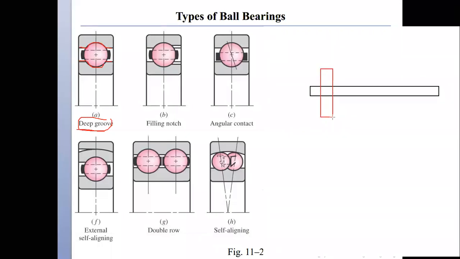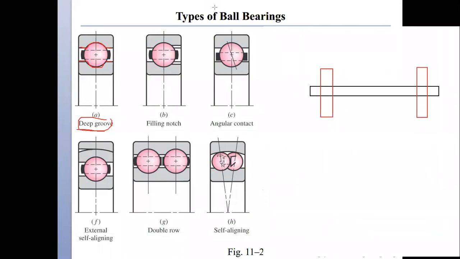Let's say this provides support. There is one bearing here and another here. Let's say these two are bearings. So what are the loads that a bearing supports?